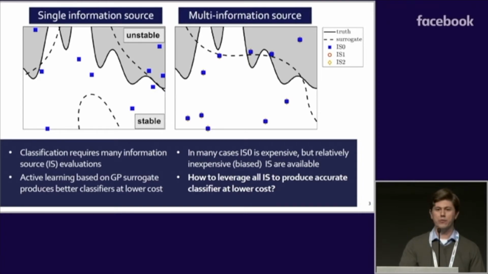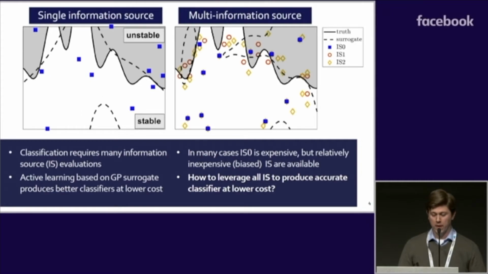So we have here three information sources, IS0, IS1, and IS2. And we're going to compare it to a standard active learning algorithm with a single information source, which is shown on the left. So I'm going to show the estimates of both algorithms at the same cost. And we start both algorithms with 10 random samples.